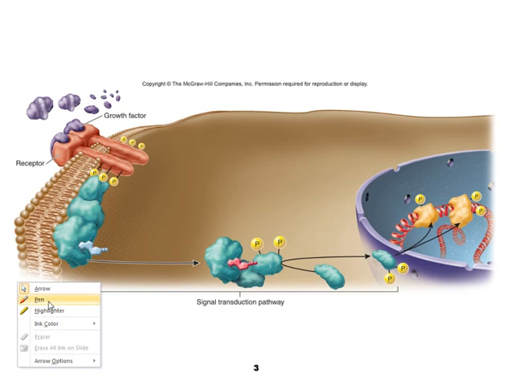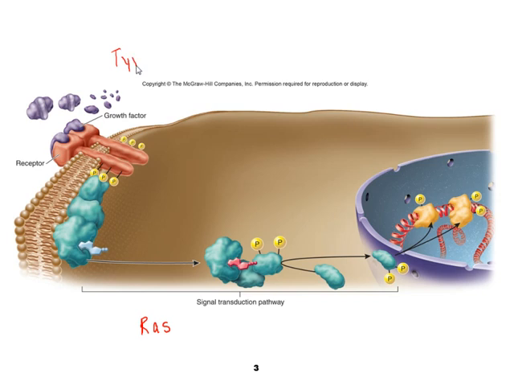This is the RAS pathway we talked about in Chapter 9. Please go review if you don't remember. Here was a tyrosine kinase receptor. As a result of a growth factor being in the environment, it can bind to the receptor. The receptor changes shape, causing it to autophosphorylate.